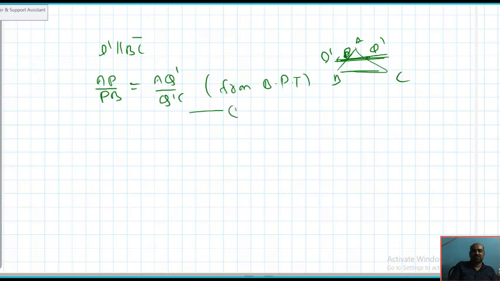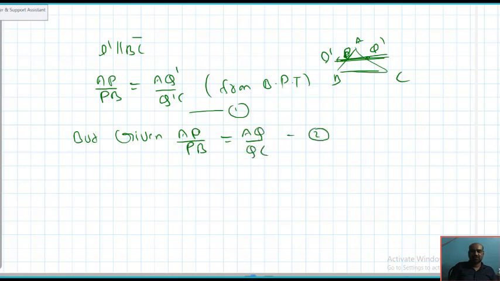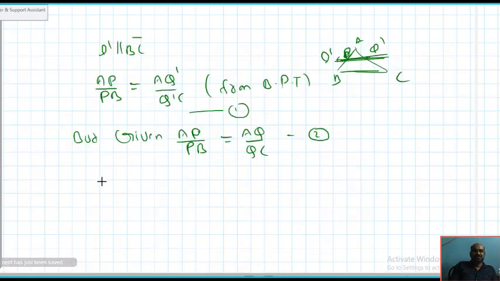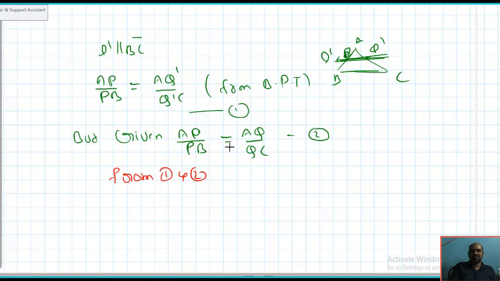That is why AP by PB equals AQ dash by Q dash C. So this is 1. But what is given? But given AP by PB equals AQ by QC. This is 2. So observe here, given data is such that L is drawn. So from 1 and 2, observe that their LHS parts are equal, so automatically the RHS parts will be the same: AQ dash by Q dash C should be equal to AQ by QC.